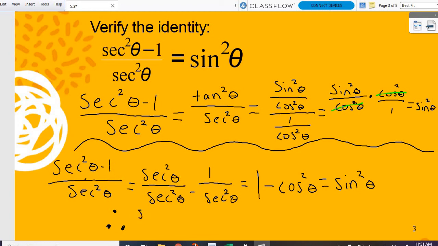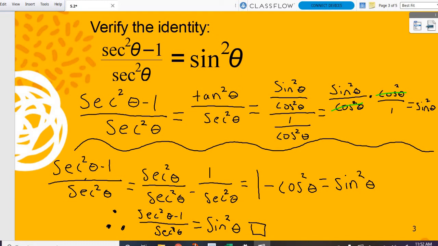We showed that we started with the left side, did some steps, and were able to get that to the right side. So we showed that those two things are equal. And then the last thing you do is draw a little box. The box means the proof is finished.